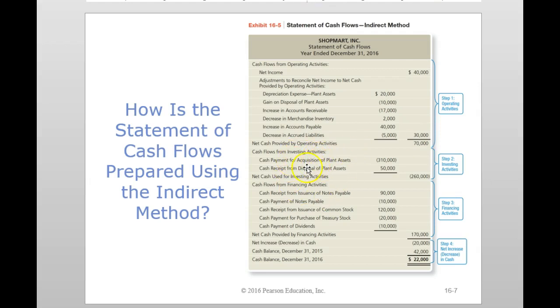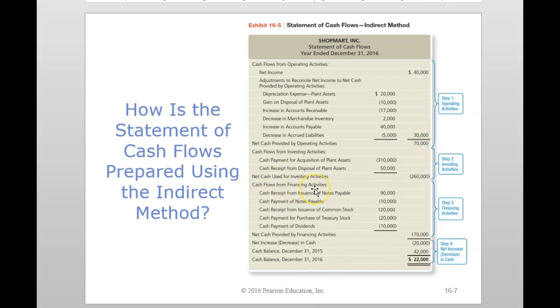Then you go down and you look at investing activities, where you have either paid for or sold plant assets. And that was a big whopping use of $260,000. So now we're kind of in a hole here, right? If you deduct these two right now, we have a negative cash flow.